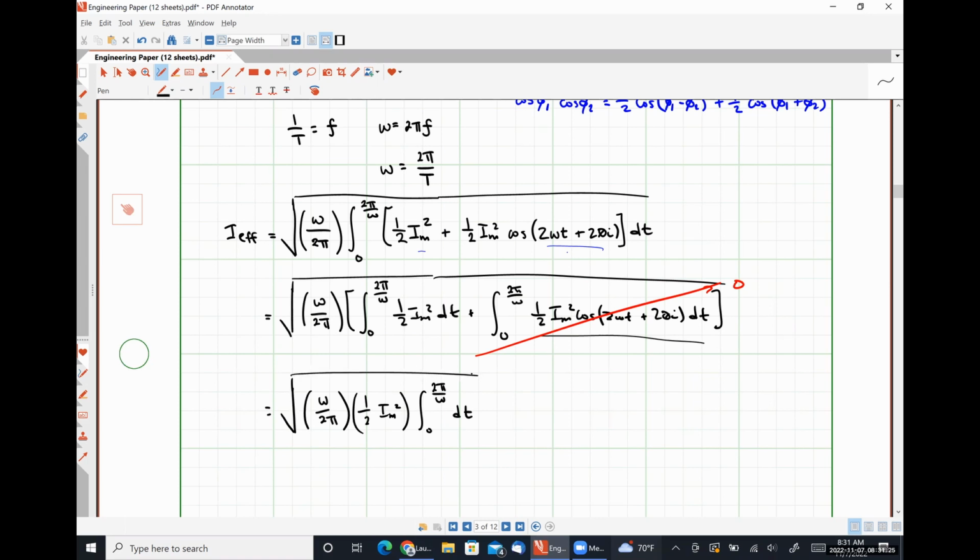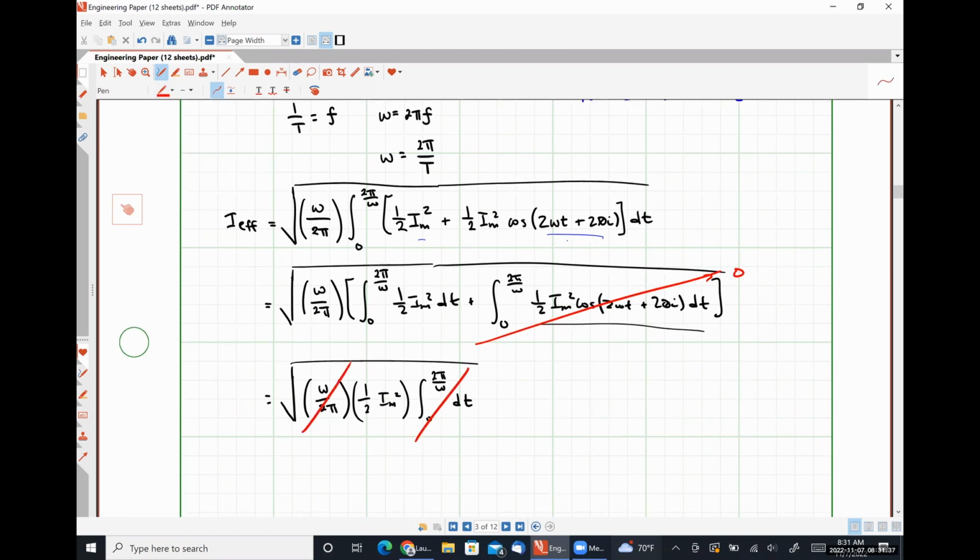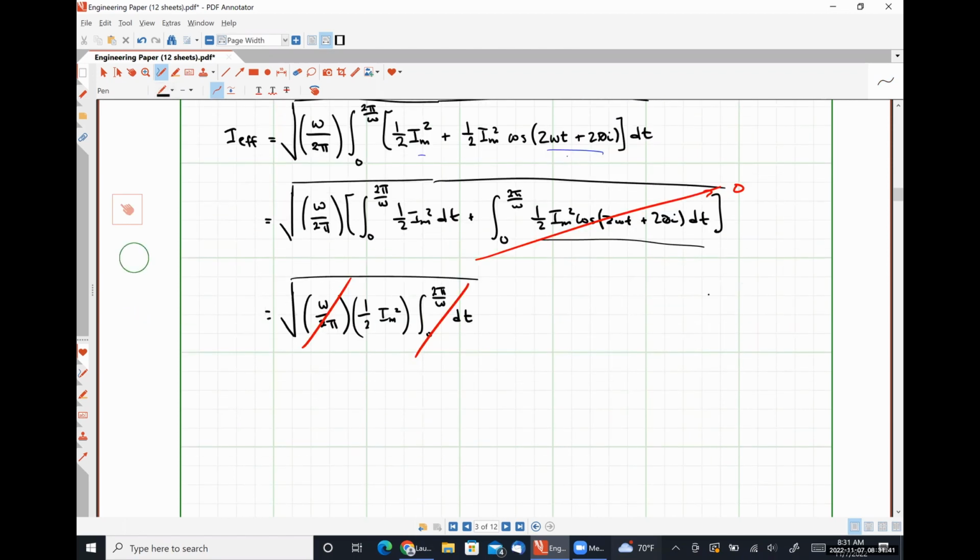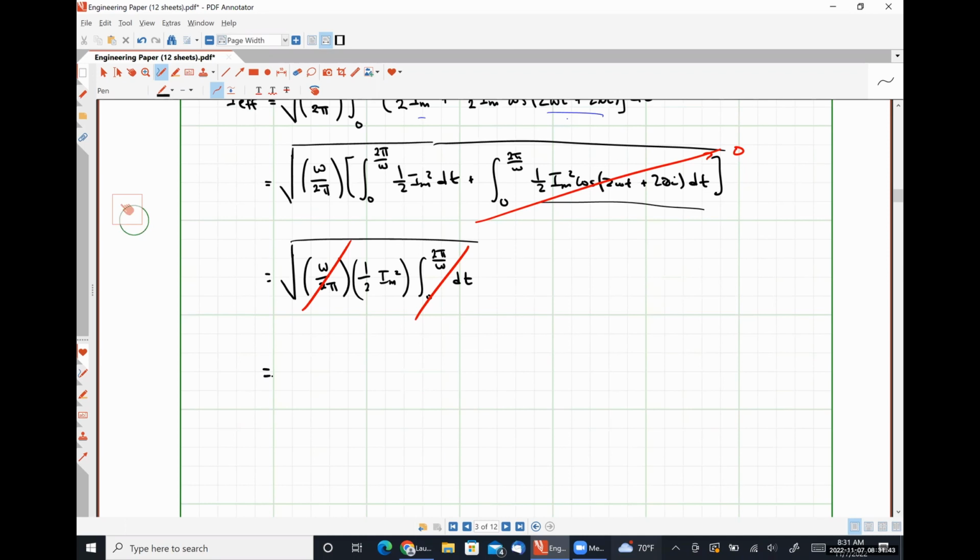What's the integral of dt from 0 to 2 pi over omega? 2 pi over omega. So effectively, this integral and this part here cancel each other out. And what I'm left with is the magnitude of our current waveform divided by the square root of 2.